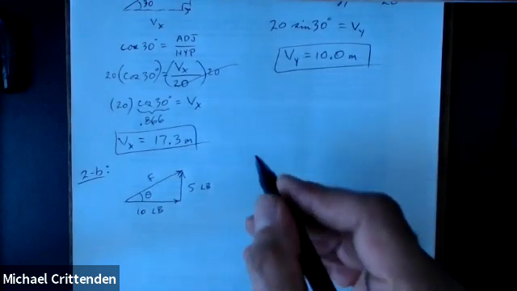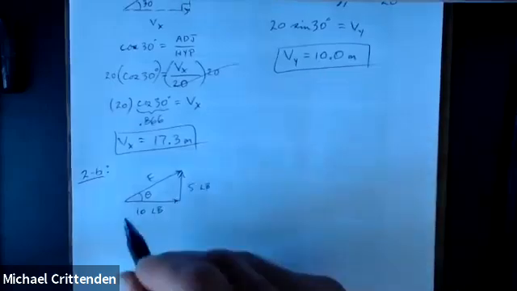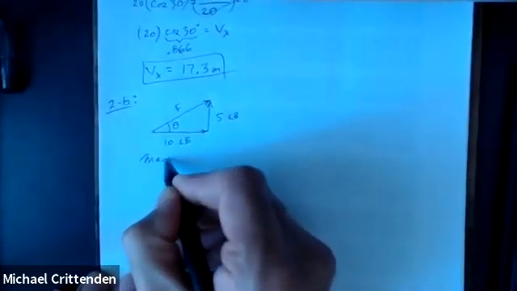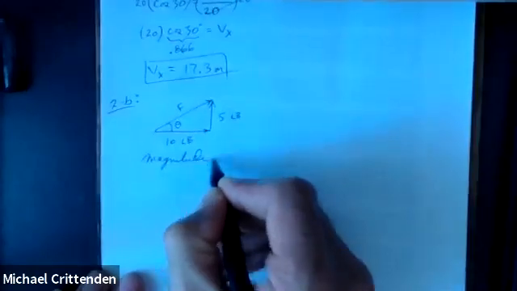So to get the magnitude, and again, there's more than one way of doing this, but the first thing that comes to my mind as far as how you would get the magnitude, the length of the hypotenuse, is the Pythagorean theorem.